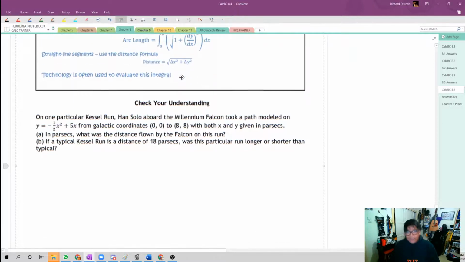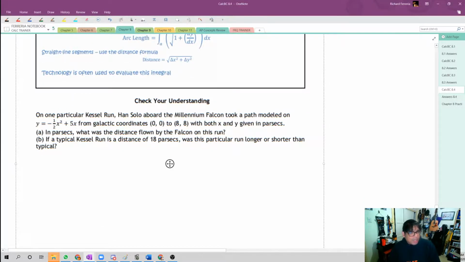Let's finish up here with the Kessel Run. On one particular Kessel Run, Han Solo aboard the Millennium Falcon took a path modeled by y equals negative 1/2 x squared plus 5x from the galactic coordinates (0, 0) to (8, 8), with both x and y given in parsecs. In parsecs, what was the distance flown by the Falcon on this run?